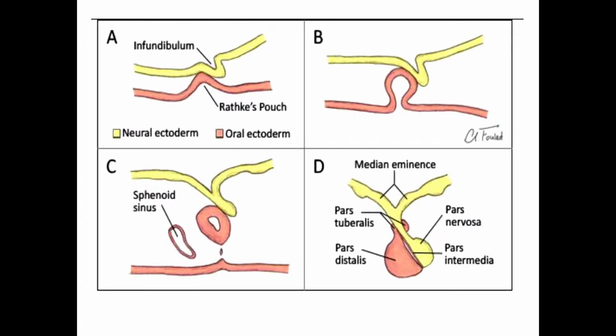They collide together, and finally we reach the normal shape of the adenohypophysis and neurohypophysis. This one is the adenohypophysis, and in orange or yellowish color is the neurohypophysis. This is our infundibulum, which is connected to the median eminence anatomically.